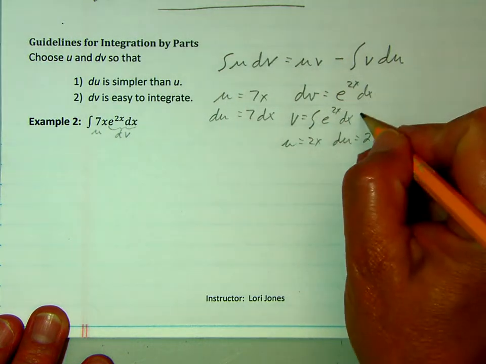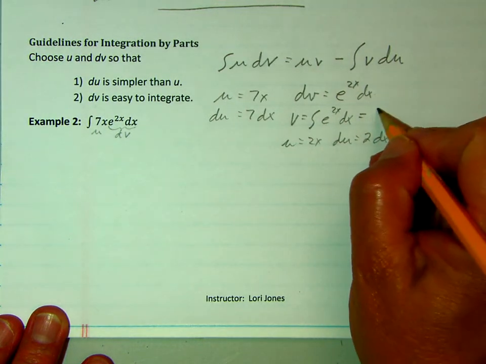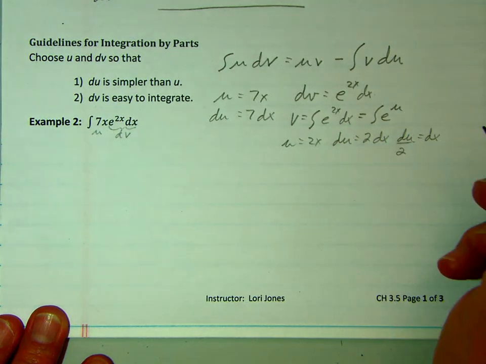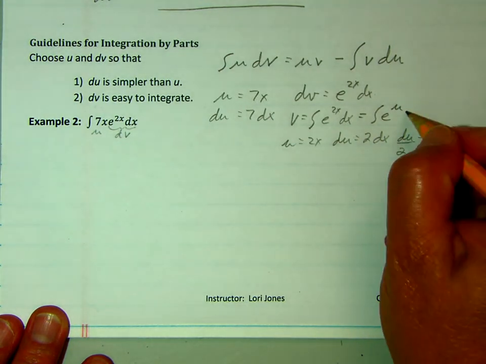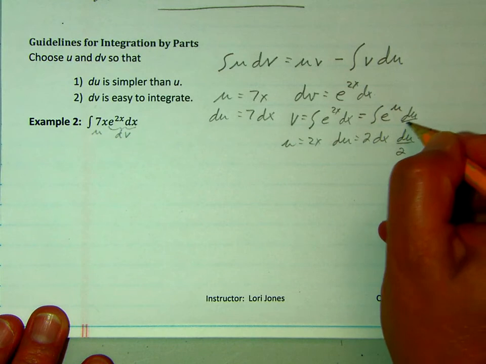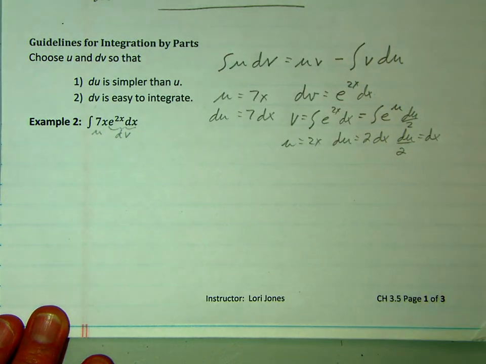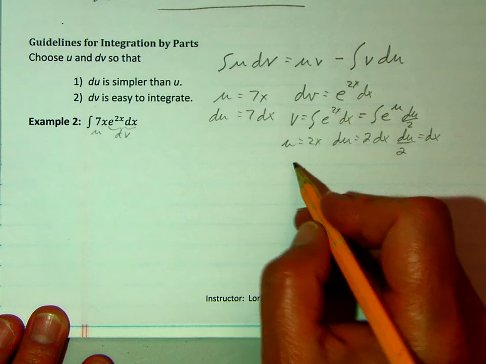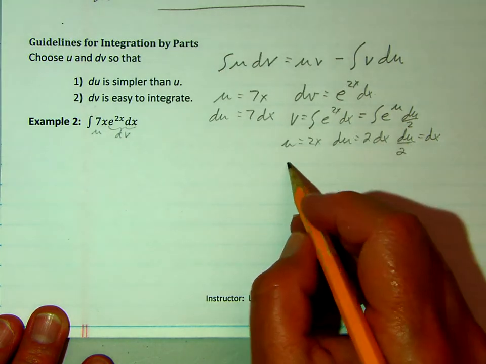And this allows me to do then the u substitution to integrate this v. So v would be the integral e to the u du over 2. I'm going to continue this down here.